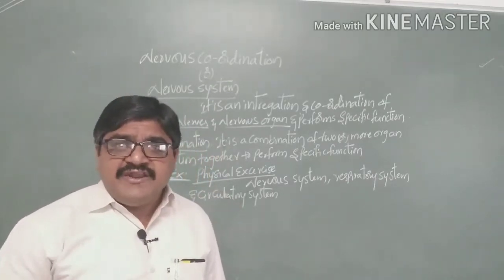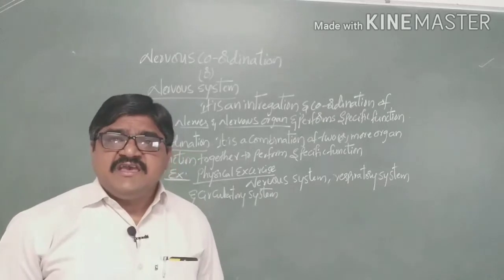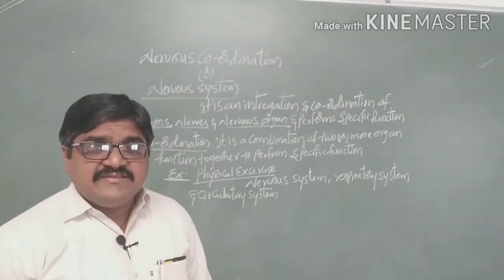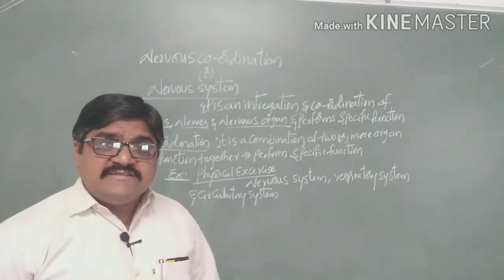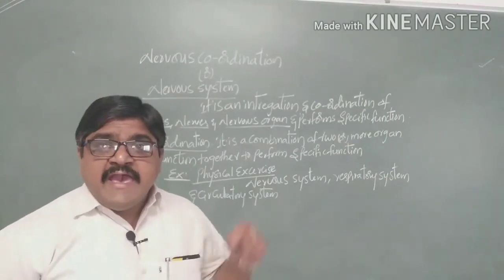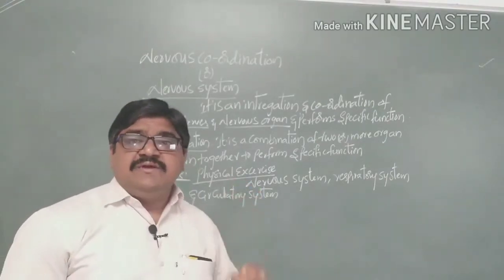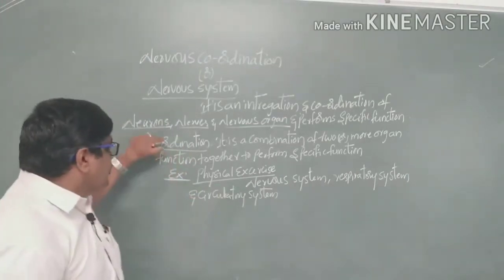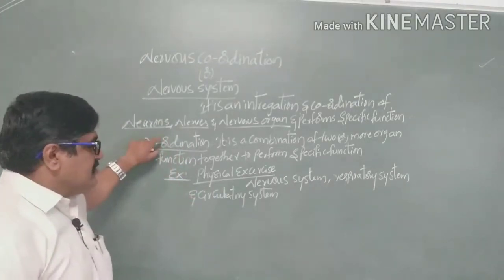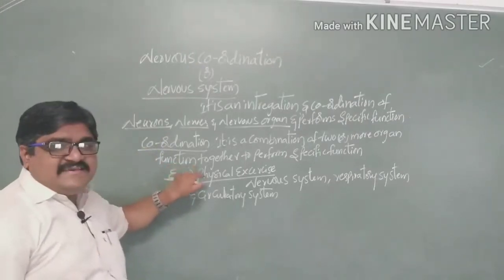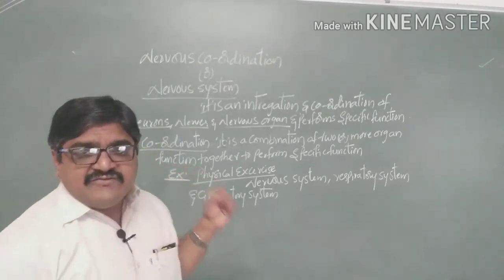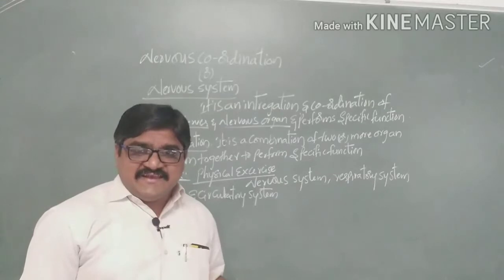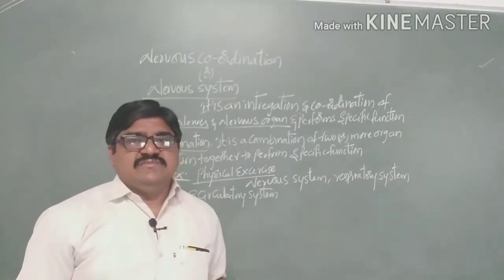So when coordination of organs takes place, two or more organs are combined together so that a specific function takes place. Such a condition we can call coordination. For example, in a physical exercise, the nerves are excited, that is the nervous system.